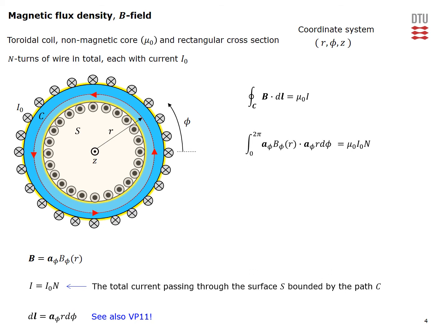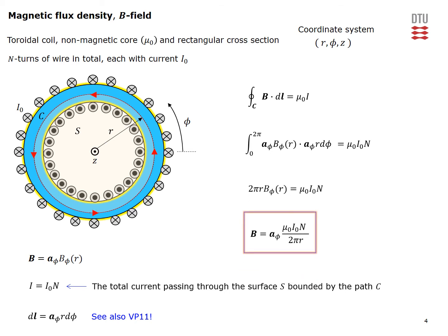Plugging everything now in Ampere's law, this would be an integral in phi from 0 to 2 pi. This is our B field, this is our dl element, and this is the total current. This is a very easy integral to do, because the B field is constant in our integration variable phi, so we can move it outside, and then the integral will simply correspond to a multiplication with 2 pi r.